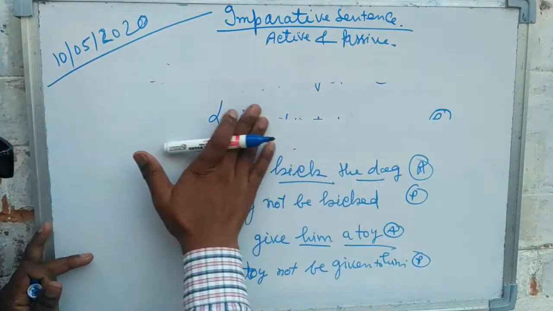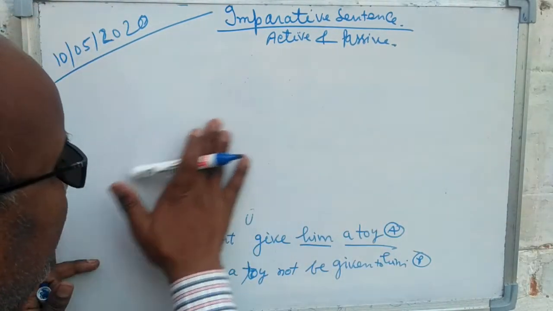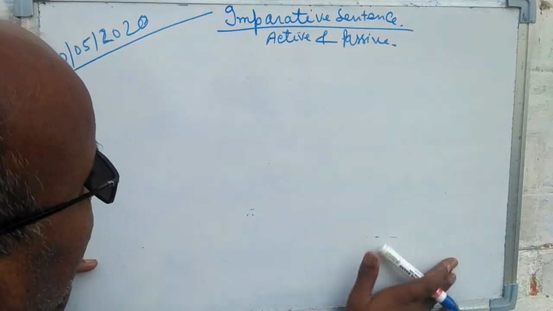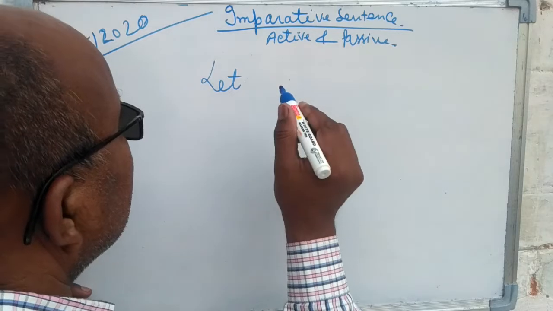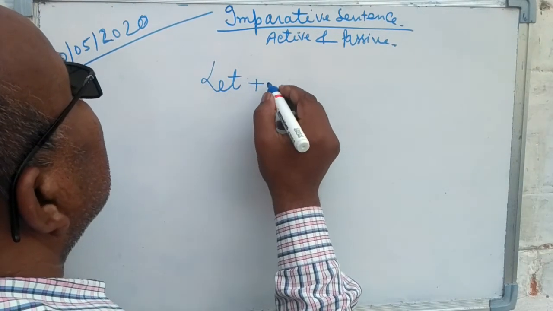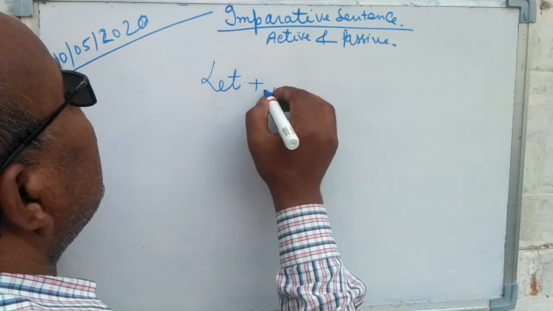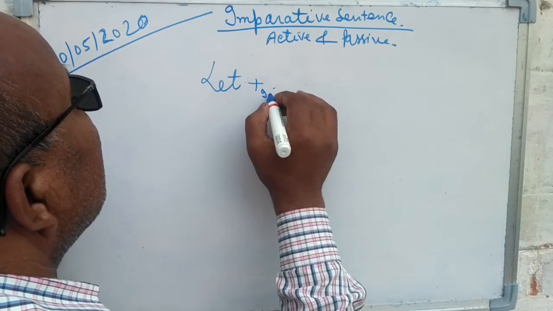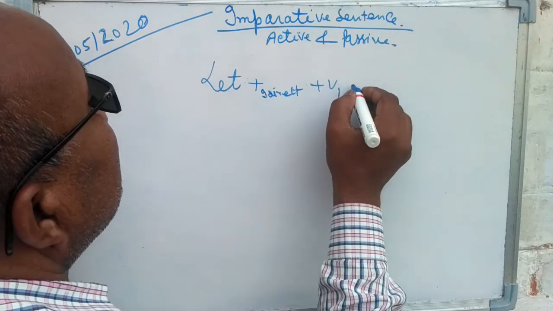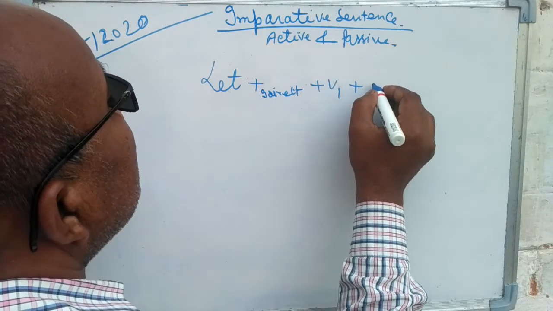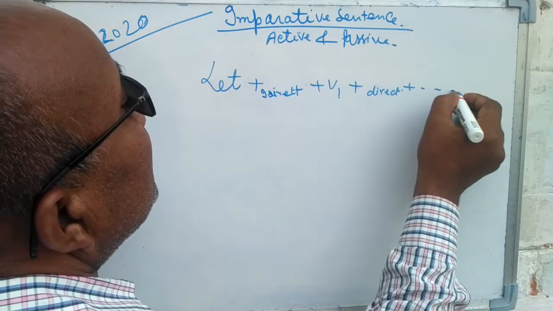One other rule is also here in active and passive. In active, let the indirect object, I mean to say the indirect object here, V1 plus the direct object, the system.